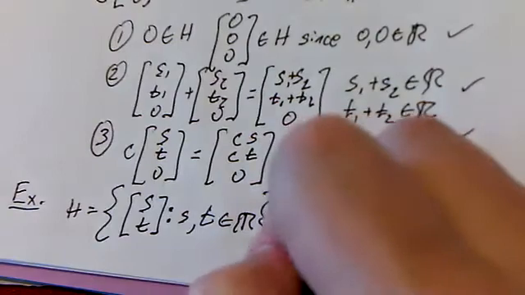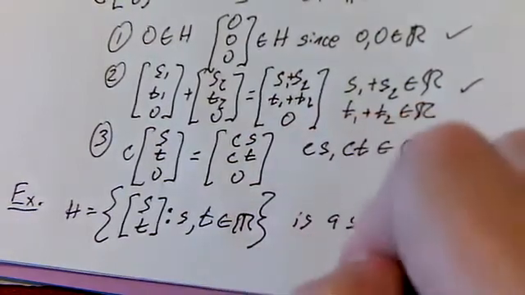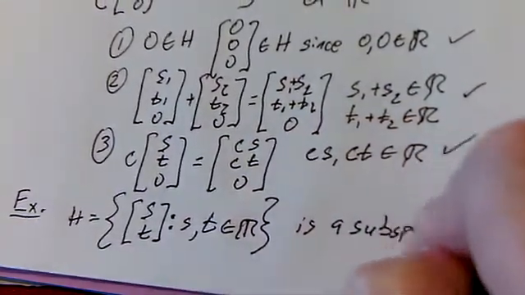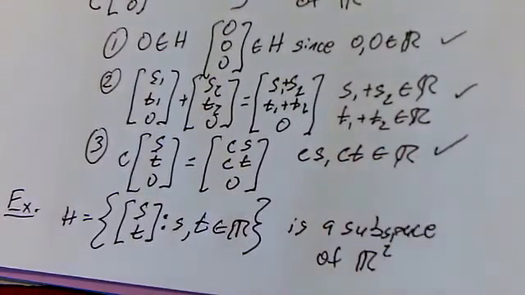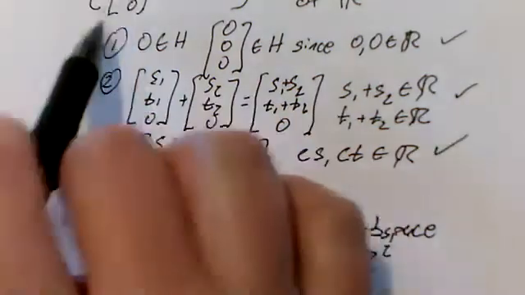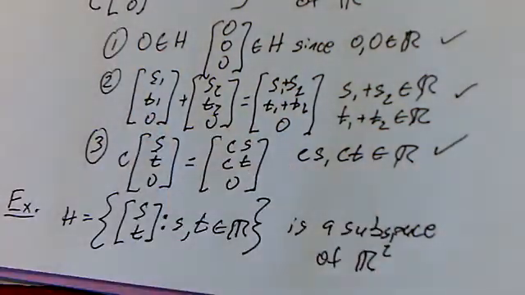This is a subspace, meets the criteria basically the same way, but it's a subspace of R2. It's not a subspace of R3. It's not a subset of R3. These vectors are in R2, they're not in R3. The vectors up here were in R3, not in R2. So the question comes up, is R2 a subspace of R3? That answer is no.